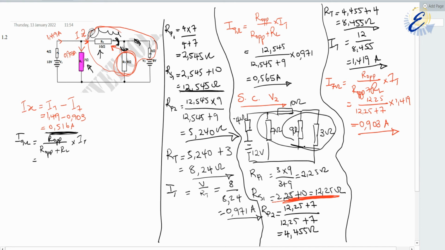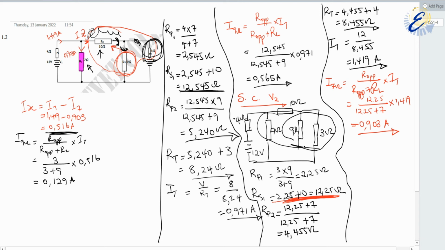In this case, our opposite will be 3. It will be 3 over 3 plus 9 multiplied by 0.516, and that is 0.129 amperes. But we are not done.